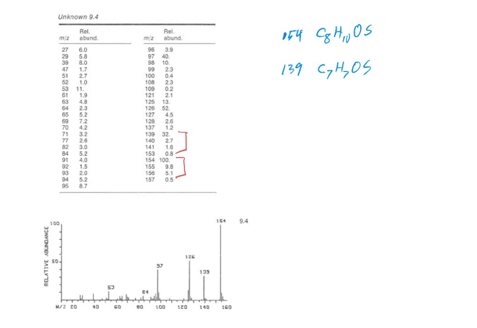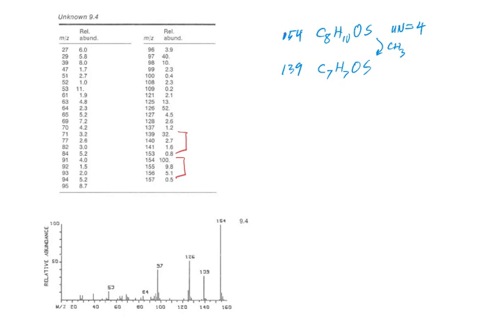And so let's see here. The unsaturations for this molecular ion, what would that be? 4. And so we're going to lose a methyl.